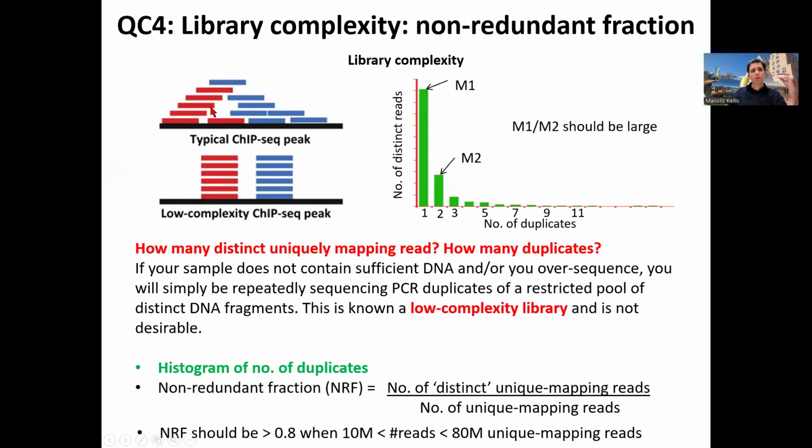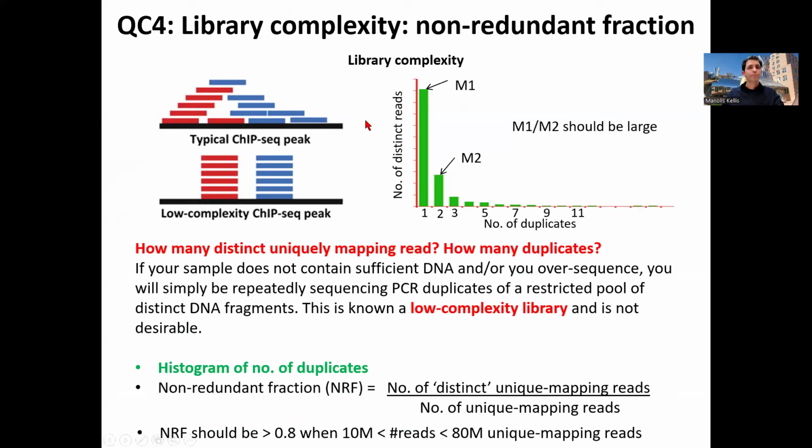Another one is about how the reads are actually matching. If the reads are simply piling on top of each other perfectly, then this is likely to be an artifact, because that's probably just one RNA molecule or one DNA molecule that was sequenced over and over and over again. Because if you chop up the genome randomly, you're going to get a bunch of different starting points. So another one is, what is the non-redundant fraction of my library?